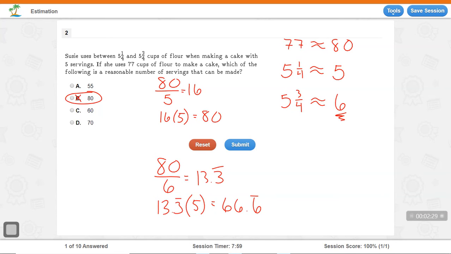All right, and 66.6 repeating, if I look at that, well, that's in the 60s. I have a 60 here that would be tempting to hit, but it is closer to 70, which is actually our answer here. But let me show you why 70 is the answer.